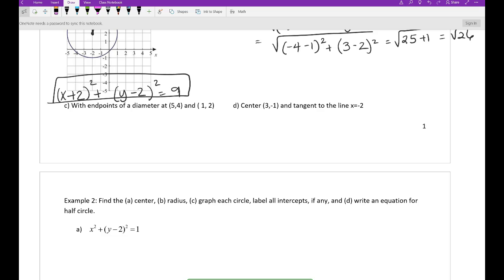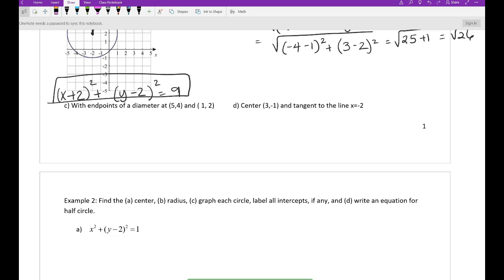So validate. Wait, what were you saying? Do we have to solve? We just do C, right? Yes, this is C. And the center is 3. Wait, so we have to write in standard form from there? Yeah, just the standard form of C.